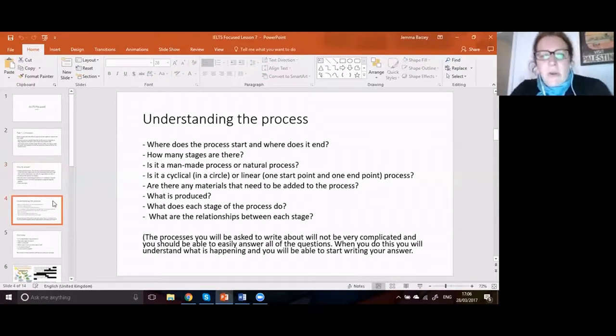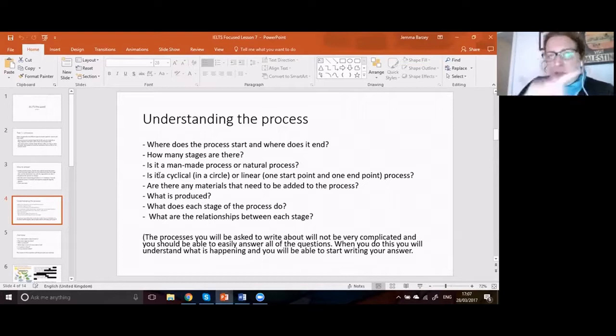Okay, so when you look at the process, these are the kind of things that you want to be asking yourself in your head. Where does it start and where does it end? These are the things that you want to look for. Again, how many stages are there? Is it a man-made process or a natural process?